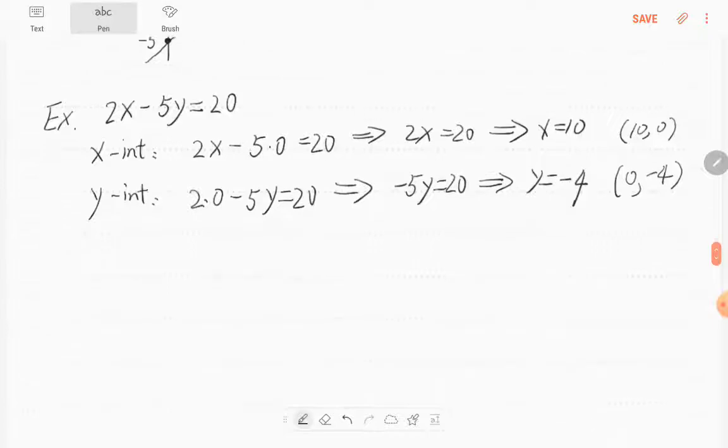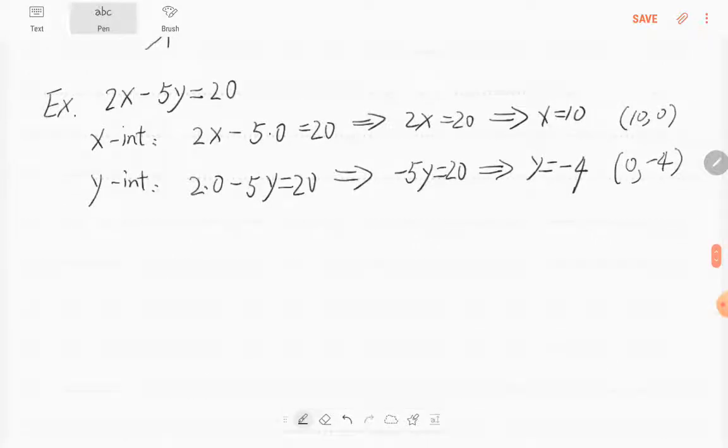Of course, we can use another point. We can choose any number you want for our convenience. For example, we set x equals 5.